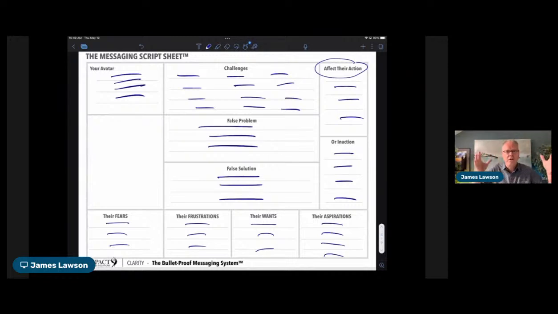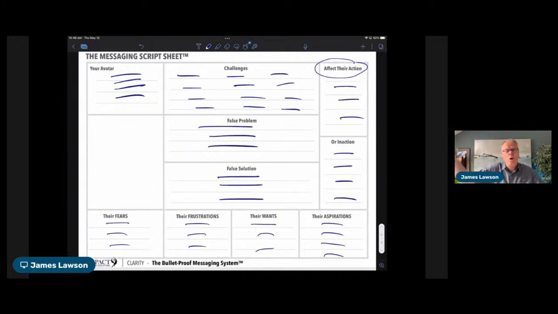Just get it, and you're going to create one of these script sheets for every piece of messaging that you're going to do. But now that you have all of the information, you can just pull the pieces that you want to talk to your client. Typically, your messaging is normally going to be talking about a fear or two fears.